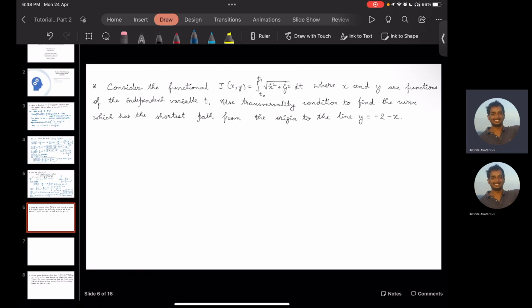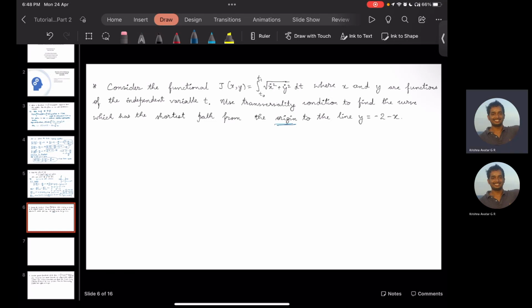Use the transversality condition to find the curve which has the shortest path from the origin to the line y is equal to minus 2 minus x. Okay, so mind you, that's origin to the line y is equal to minus 2 minus x.